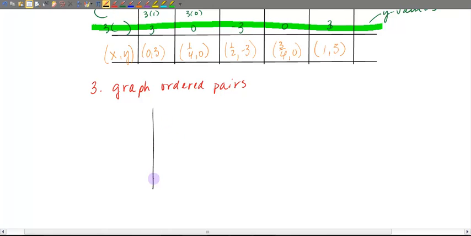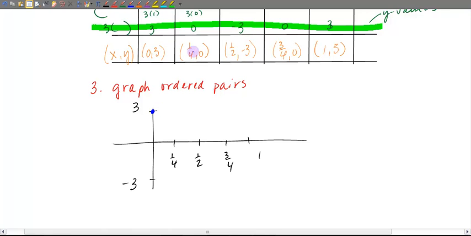So rather quickly, I come over here and do that. I'm going to go up 3, down 3, negative 3. I break this up into 1, 1/2, 1/4, 3/4. So the first point that I'm actually going to plot is at 0, 3. So that's over 0, up 3.